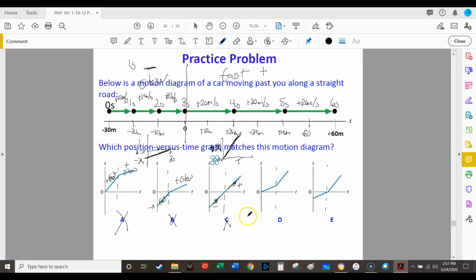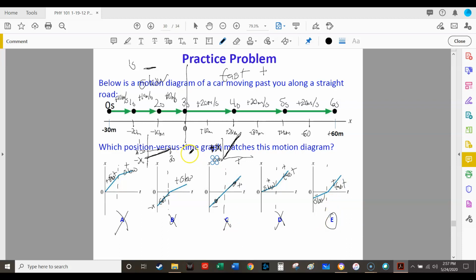Well, D shows a slow initial velocity, but in the positive positions, and then a fast velocity in the positive positions. So it does show slow then fast, but its initial position was in the negative part. So D is incorrect. E is showing it's got negative initial positions that are slow, and then positive final positions that are fast. So E looks like the best answer.